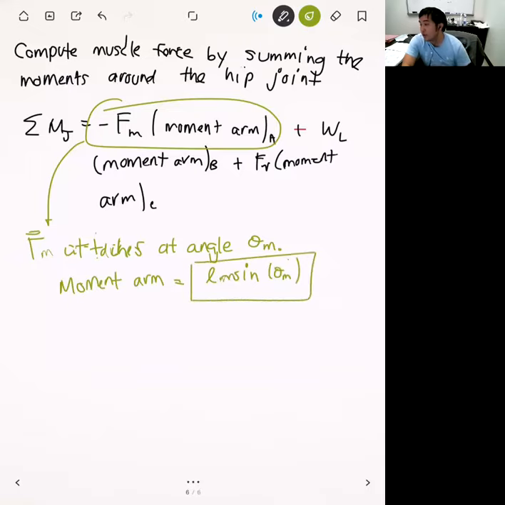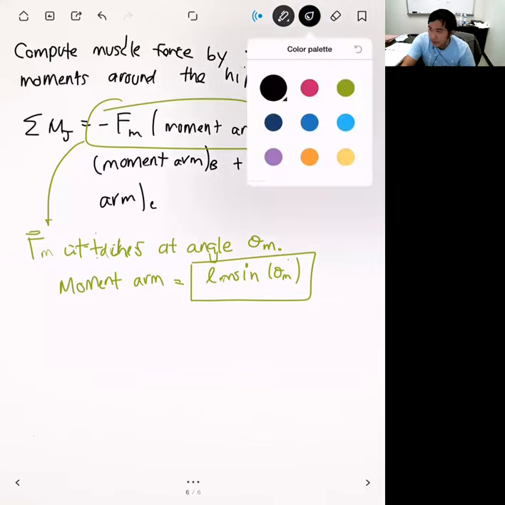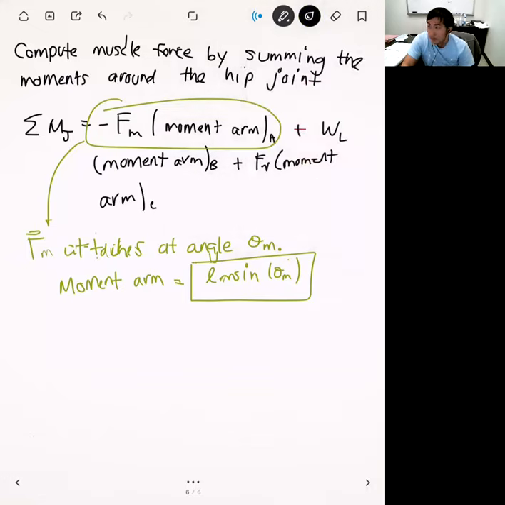Okay, and so that value right there is going to go in moment arm A. I'm not going to draw this again, because this is something that we've seen so many times in this class. But let's do the moment arm for WL.